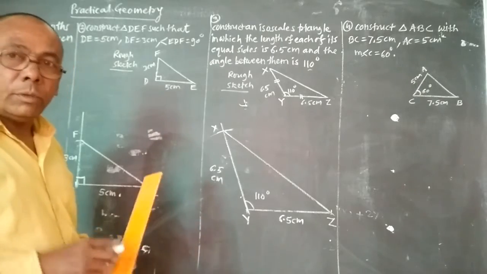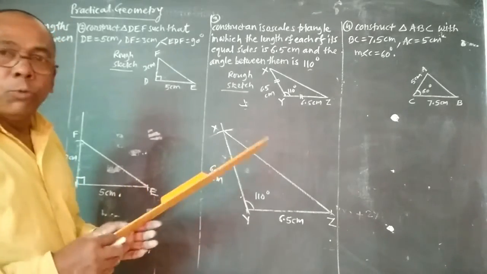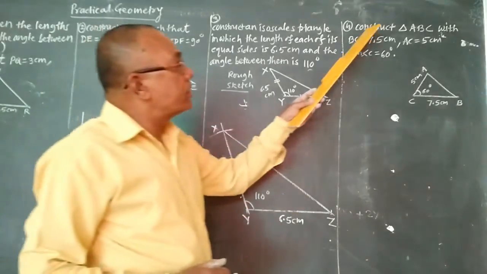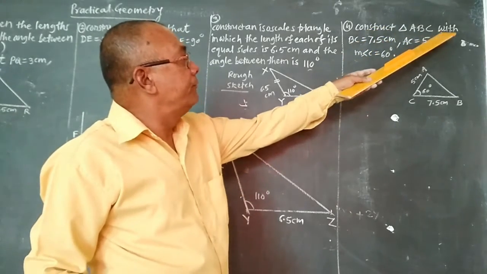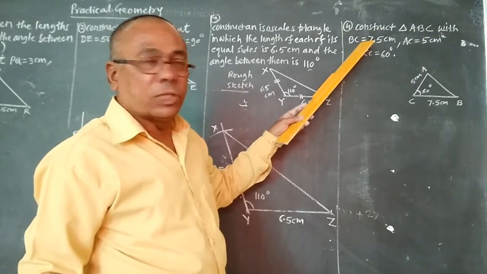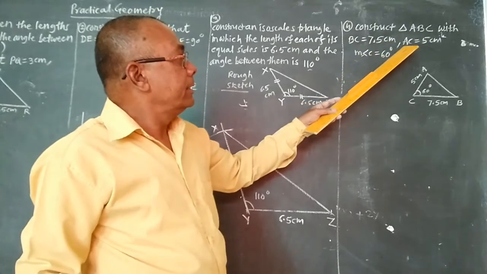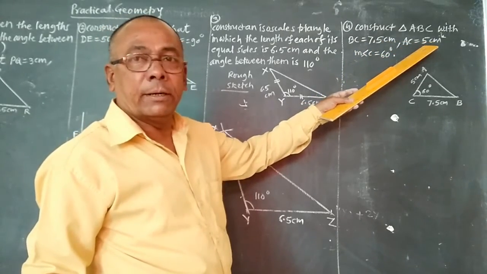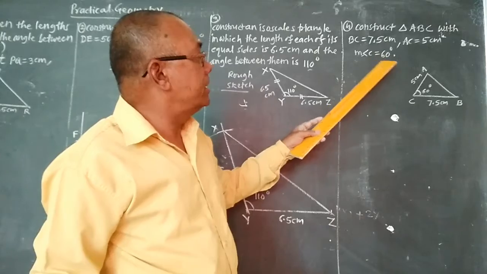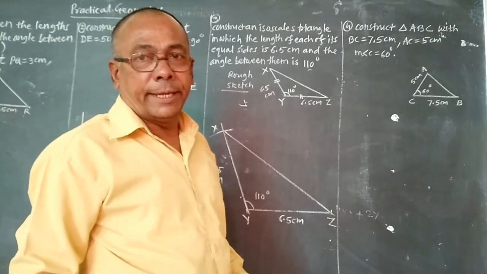Now there is the fourth question: to construct triangle ABC with BC is equal to 7.5 centimeter, AC is equal to 5 centimeter, and measurement angle C is equal to 60 degree.